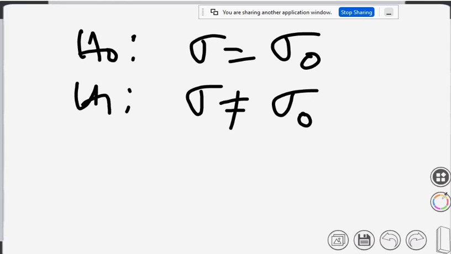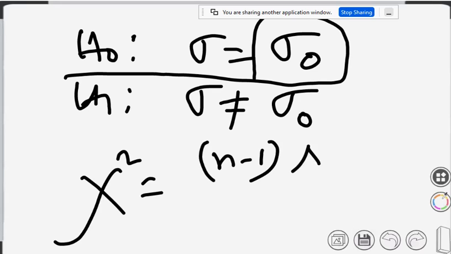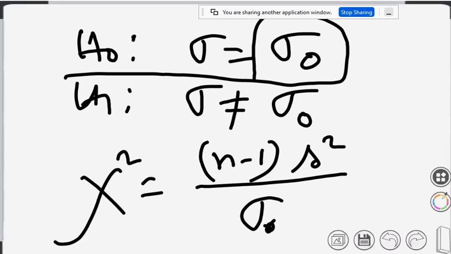If that is the case, then the corresponding test is a test for population variance with a particular value sigma 0, and that distribution follows a chi-square distribution, where chi-square is defined as n minus 1 s square, where s square is the sample variance, by sigma 0 square. Instead of sigma we put the value sigma 0, and this chi-square follows n minus 1 degrees of freedom.